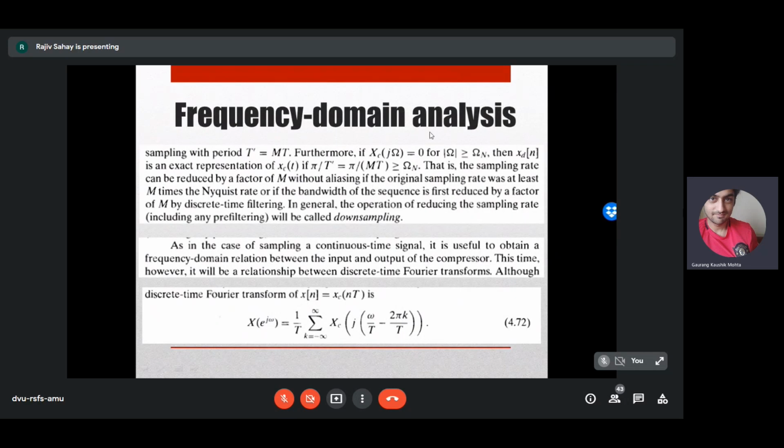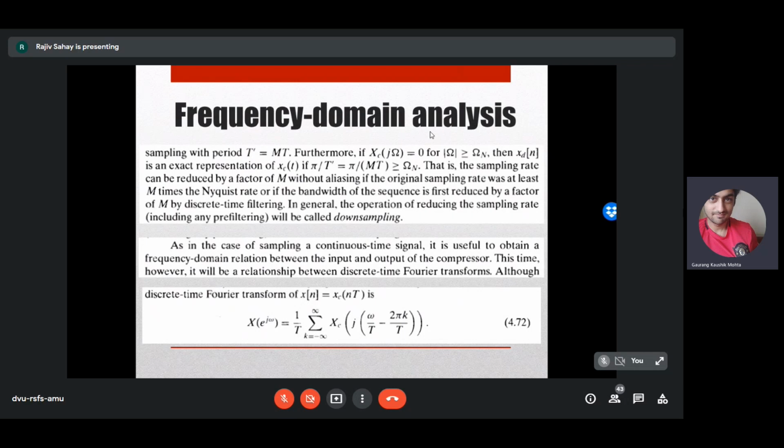Yes, sir. Suppose you have a 40 hertz continuous time signal, so the maximum bandwidth is 40 hertz. So Ωn is equal to 40 hertz. What is the Nyquist rate? The Nyquist rate is 80 hertz. Now you want to downsample that signal by 2 times. That means you want to halve the resolution of that signal in the time domain.